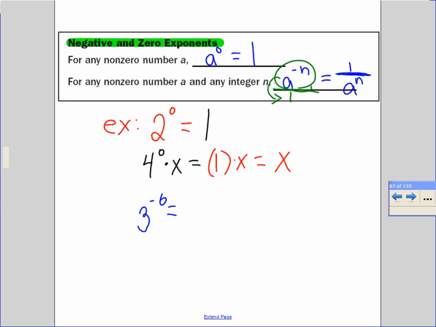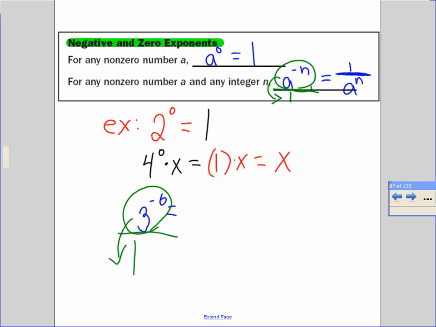Do not leave your answer as negative exponents. The very first thing you need to do is put a 1 underneath 3 to the negative 6th power. The entire power, I circle, moves to the bottom.